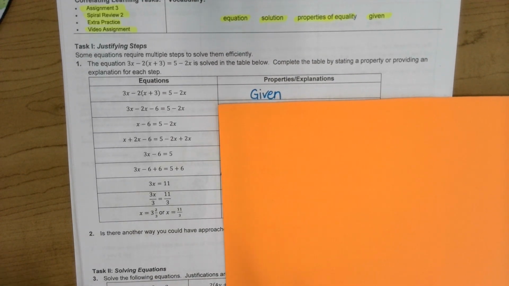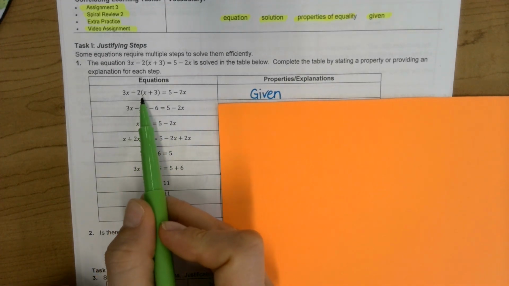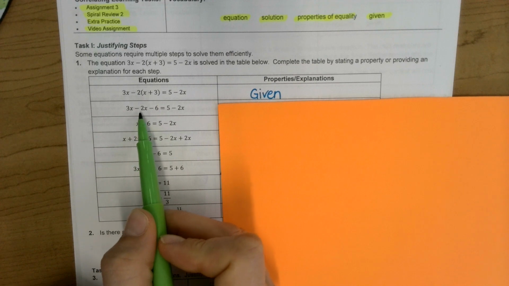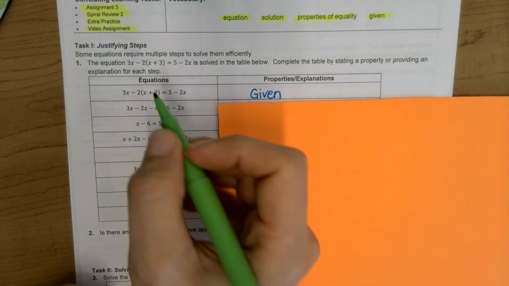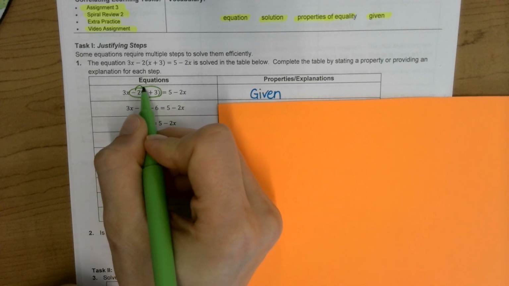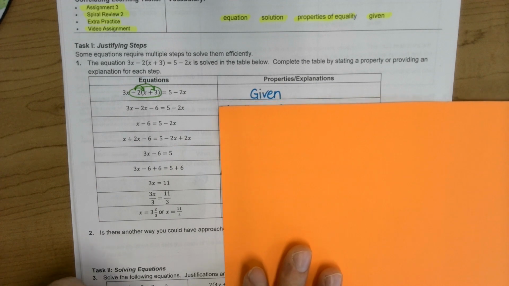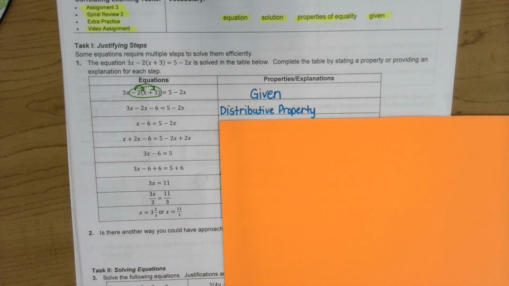Then I want to see how they changed it in this second step. So I noticed that they got rid of those parentheses and now it says minus 2x minus 6. So what do we call that when you're multiplying negative 2 times x and negative 2 times 3? It's the distributive property.